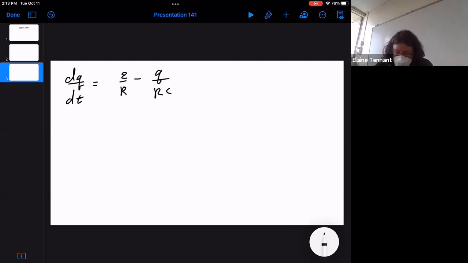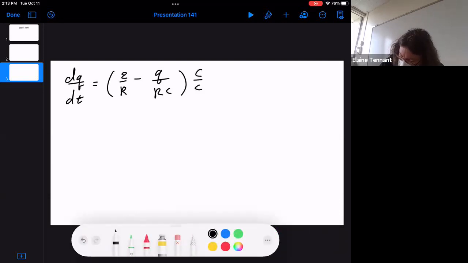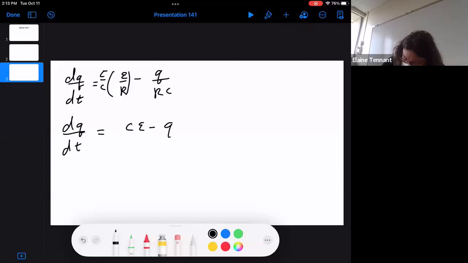Next thing, I'm going to find a common denominator here. We'll multiply that by C over C. The idea there is I'm trying to combine a whole bunch of constants with my Q's.